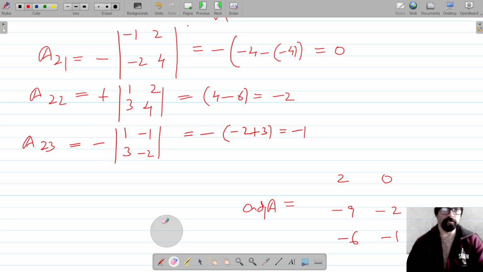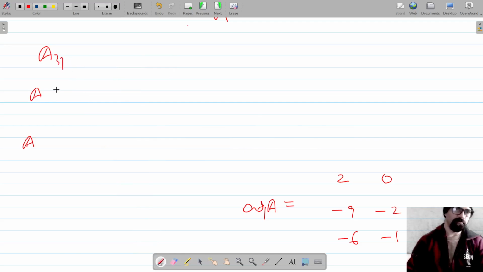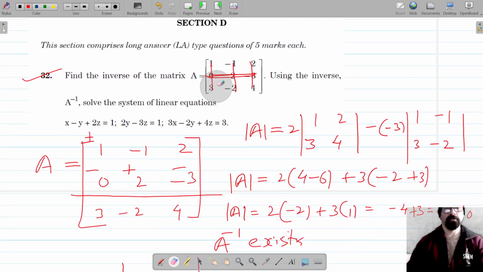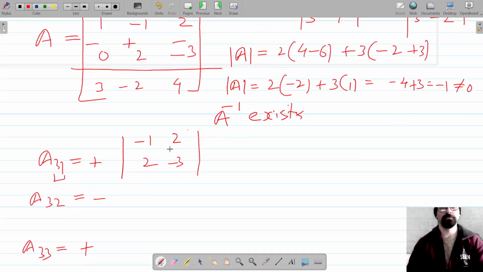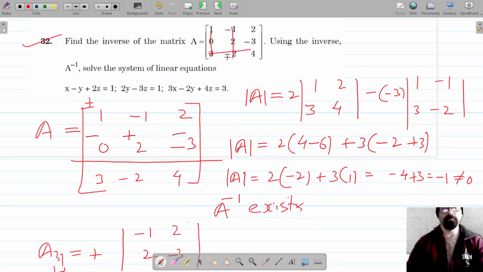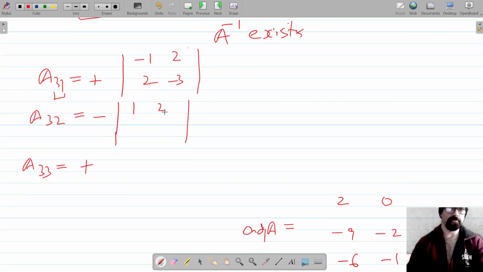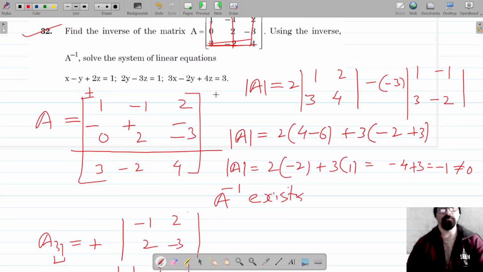Similarly, we can find the cofactors for the third row. 3 plus 1 is 4, so even, positive sign, then negative, then positive. Removing the row and column for each element gives [-1, 2; 2, -3], [1, 2; 0, -3], and [1, -1; 0, 2].